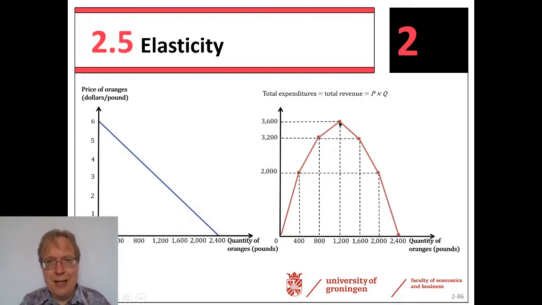And as you can see, this revenue peaks here at 1,200, which is exactly the point where the elasticity of demand equals 1. Because at that point, if you change price a little bit, revenue won't change, because the one goes up by 1%, the other one goes down by 1%. So then you're on top of your total revenue curve.